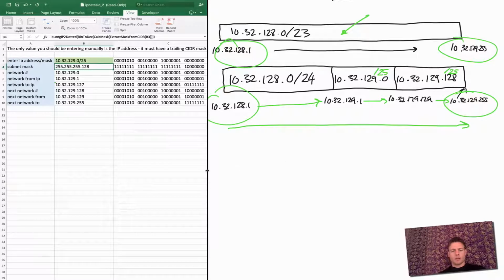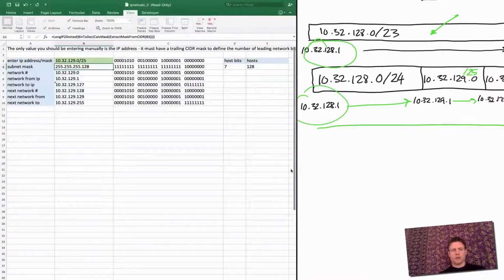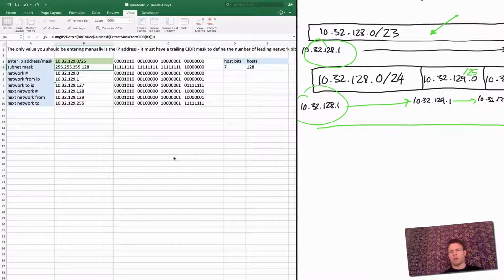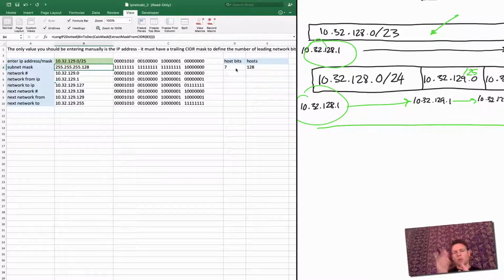So that's a little taster, I guess, of how this tool works. A look into CIDR notation and what the IP addresses look like when you allocate one more bit within your IP space to define the network number. Obviously, as you add one more bit to your network number, you're halving the number of hosts within each network.